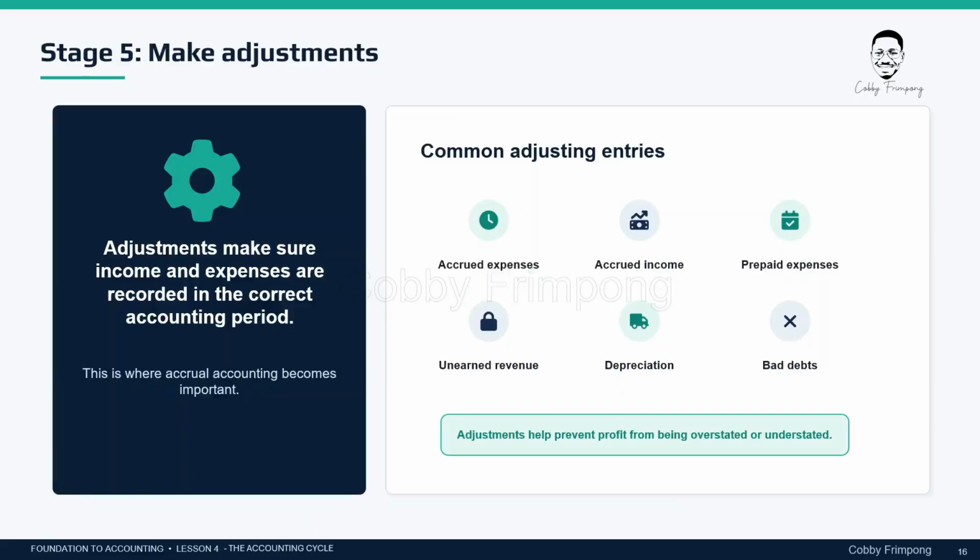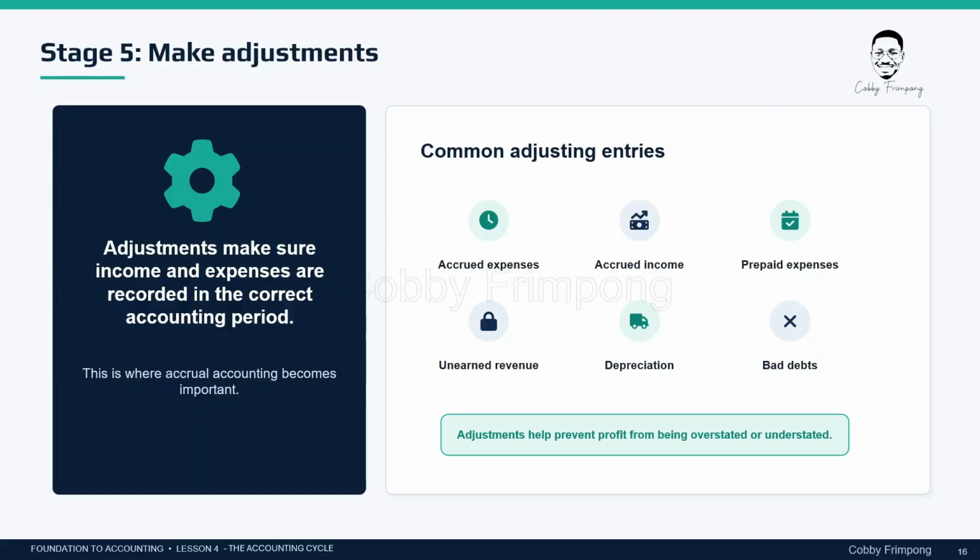Stage 5. Make adjustments. After preparing the trial balance, accountants may need to make adjustments. Adjustments are made to ensure that income and expenses are recorded in the correct accounting period. Sometimes, a business may have earned income but not yet received cash.